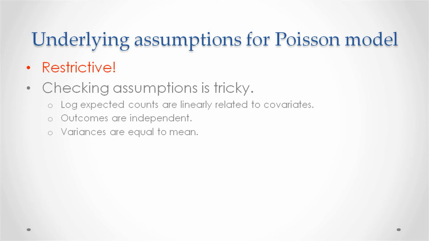In this case, as members of the same family share the same genetic makeup, it might not be reasonable to assume that the data are independent. One way around this is to use something called a mixed model, and we shall look at the details of this in a forthcoming module. The third assumption is that the variances are equal to the mean, and this is the assumption which we shall explore in more detail in this module.